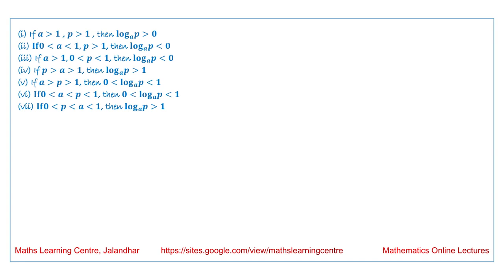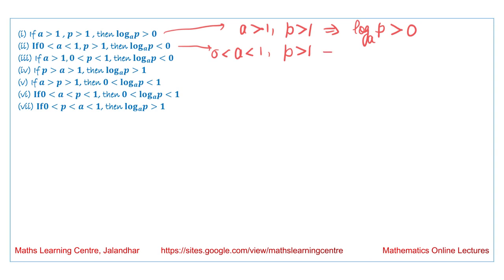So we have listed certain properties over here. First, if a is greater than 1 and p is greater than 1, then log p to the base a is greater than 0. Next, if the value of a lies between 0 and 1 and p is greater than 1, then log p to the base a will be less than 0.